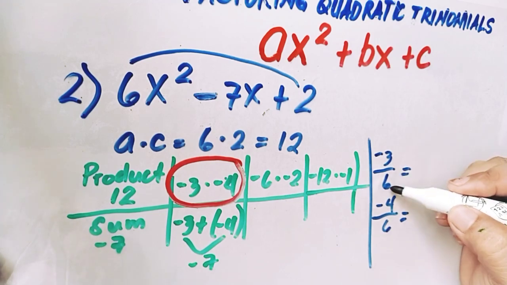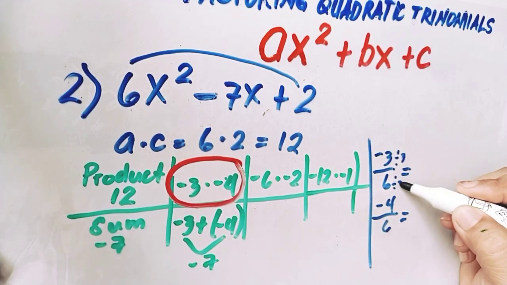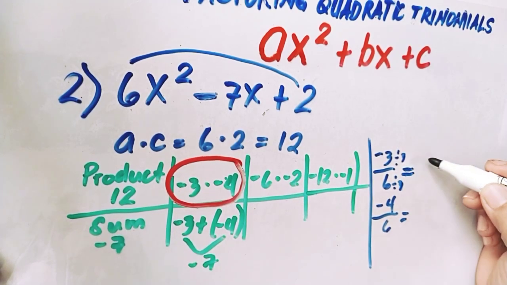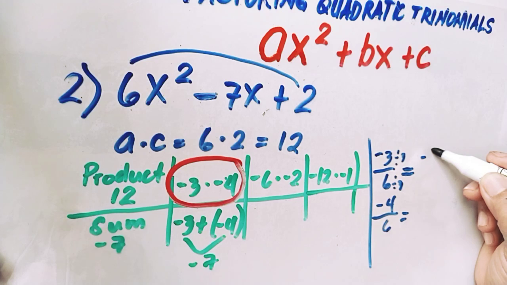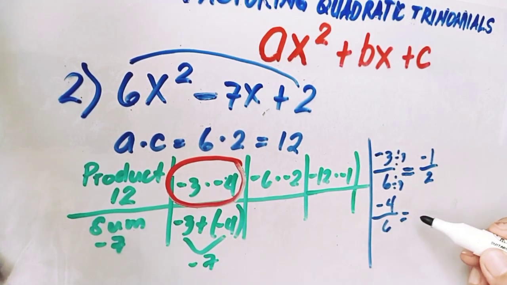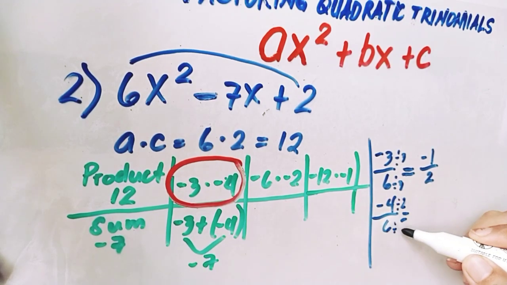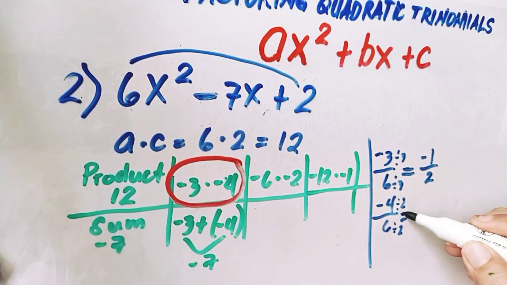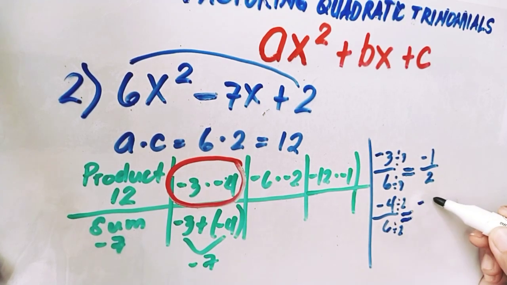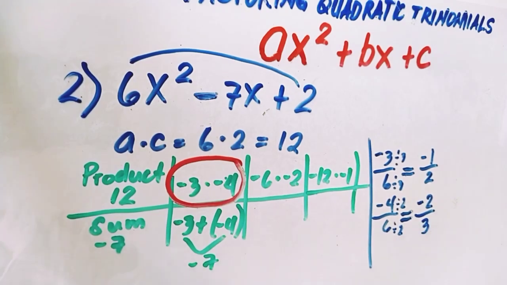So negative 3 and 6 can be divided by 3, and the lowest term is negative 1 over 2. For the second part, that is divisible by 2, and that is equal to negative 2 over 3.